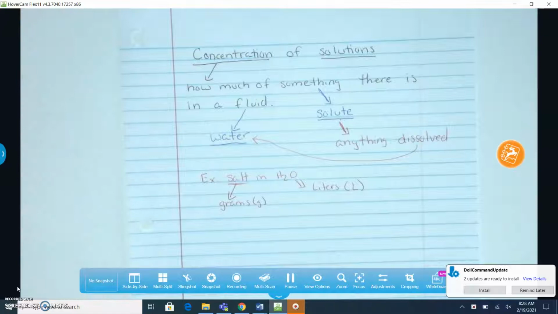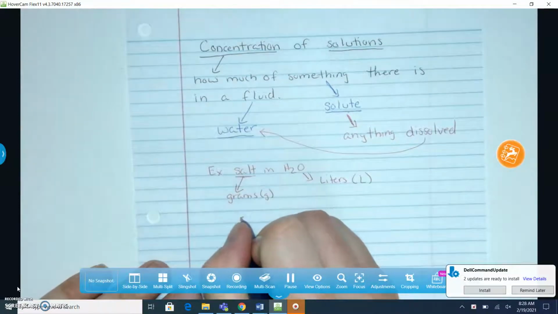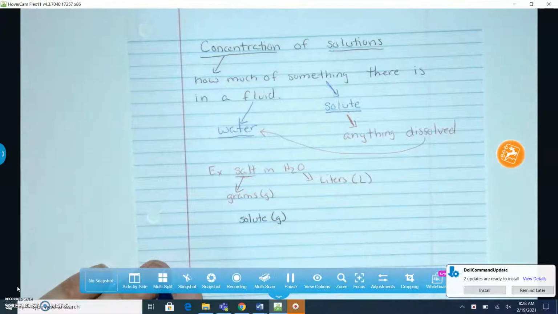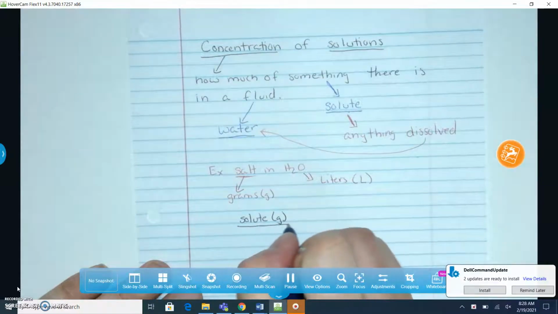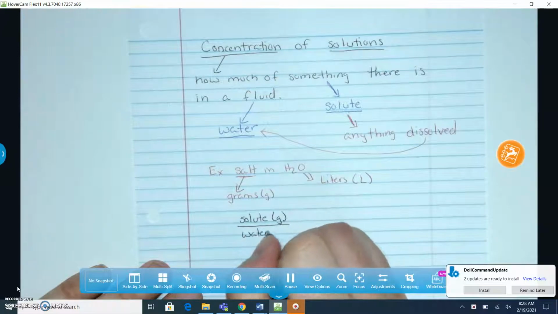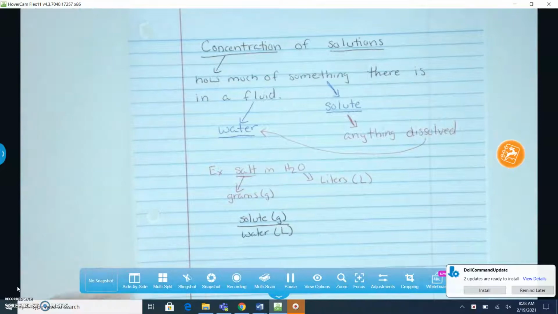So how this is expressed is actually as a fraction. It is the amount of solute in grams divided by the amount of water in liters. Now that will give us an answer.